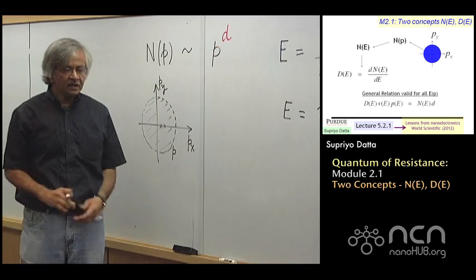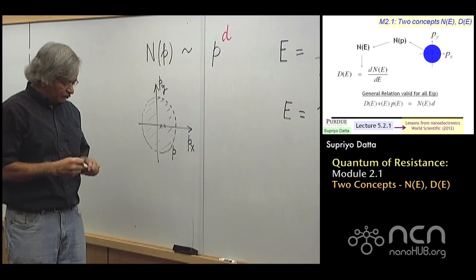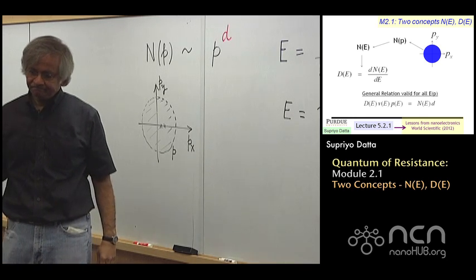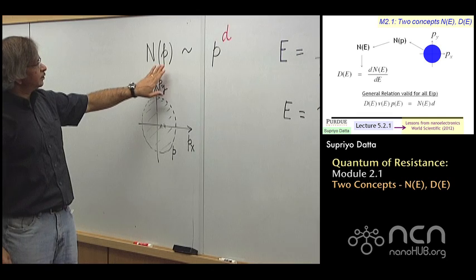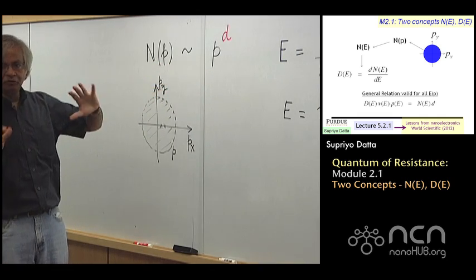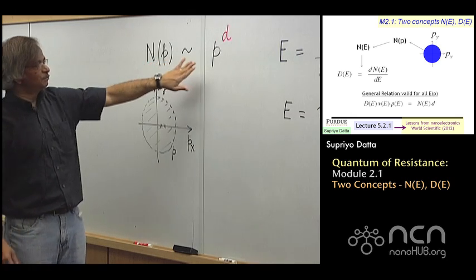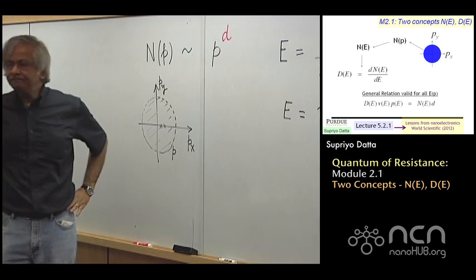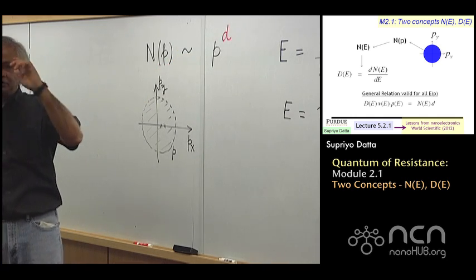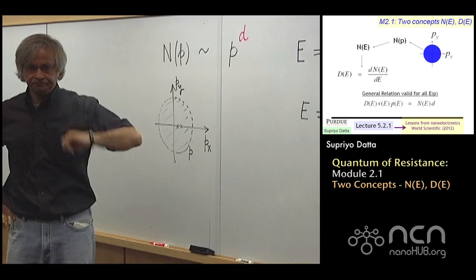So the first step in finding density of states is to write down this function, which, without going into much detail, we can see should be proportional to P to the power d. Exactly what constant is in front, we'll talk a little more in the next module.